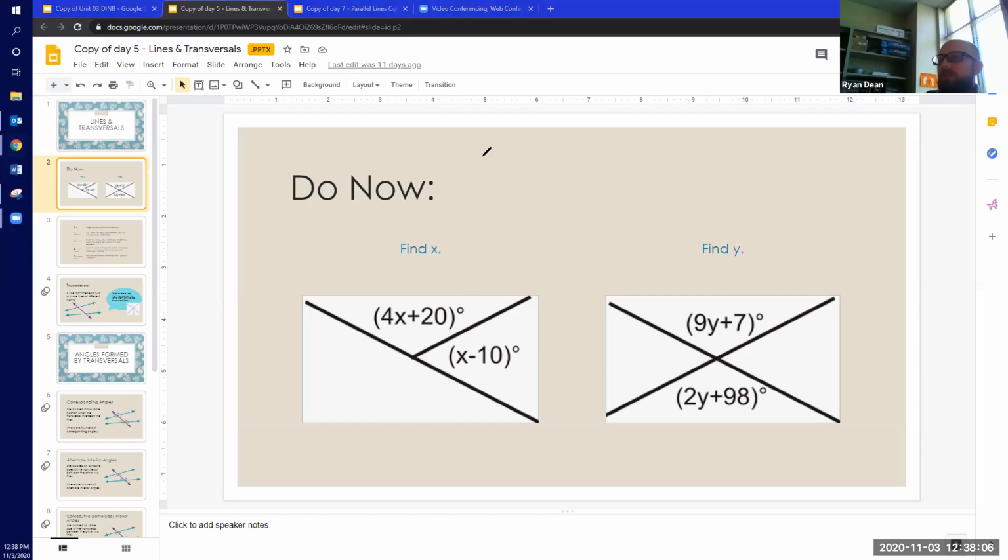The first thing that we need to do is to identify the kind of relationship that these two angles have. So what kind of relationship do they have? That's going to be the same thing that we do for every single problem in this unit. What kind of relationship do the angles have?